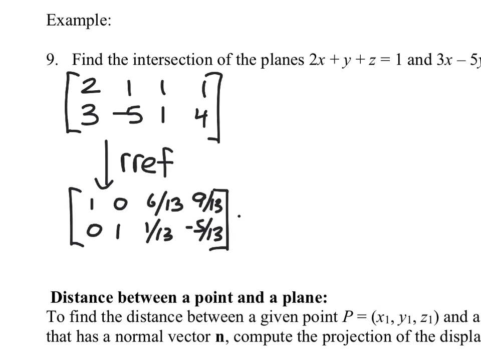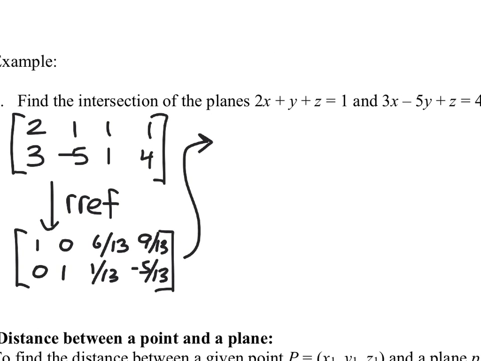All right. I have a tendency to over-explain when it comes to this, and it's no different from when I'm writing a solution. So I would look at this and say, well, originally it was 2x plus 1y plus 1z equals 1. Now it's 1x plus 0y plus 6/13 z is equal to 9/13.